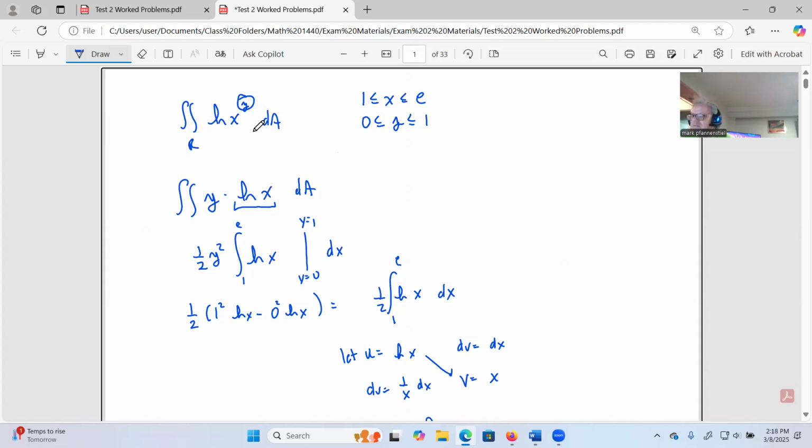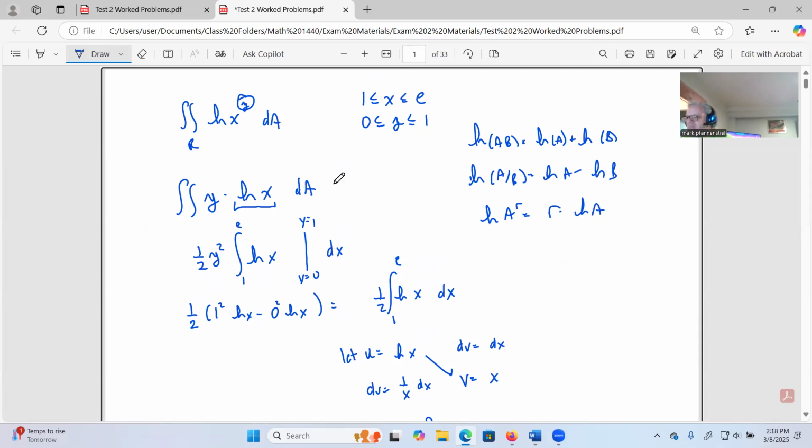Realize that when you see a logarithm, chances are you're going to be dealing with an integration by parts, and never forget your three properties of logarithms, which is natural log of AB is equal to the natural log of A plus the natural log of B. And the natural log of A over B is equal to the natural log of A minus the natural log of B. And of course, the natural log of A to the R is equal to R times the natural log of A. So those are the three properties of logarithms that you should never ever forget. And the one we used for this problem happened to be this guy right here.